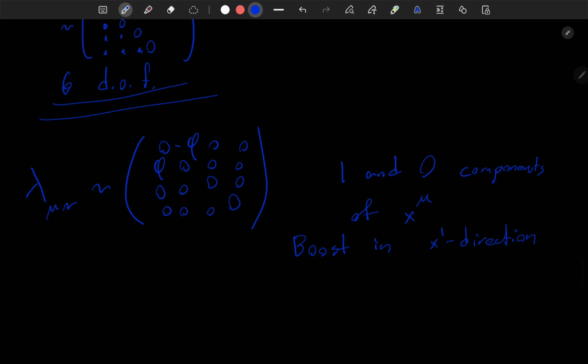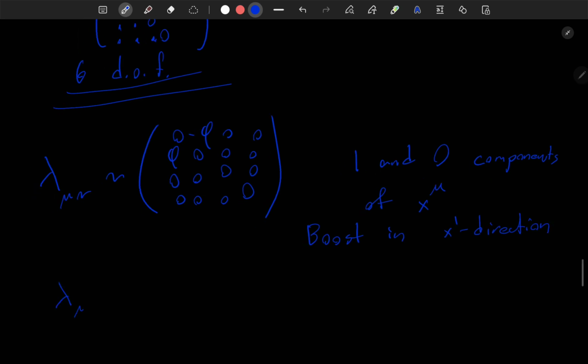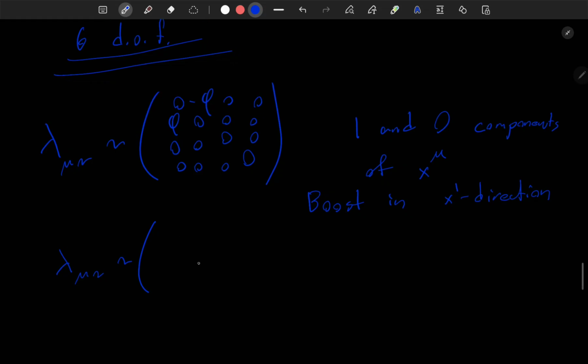Let's consider another one for fun. What about an infinitesimal translation that looks sort of like, let's mix these two components.